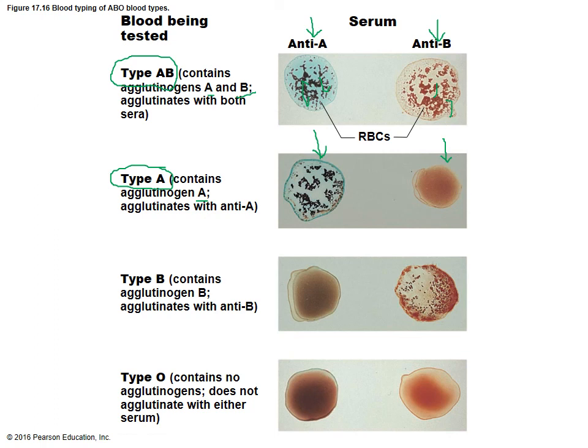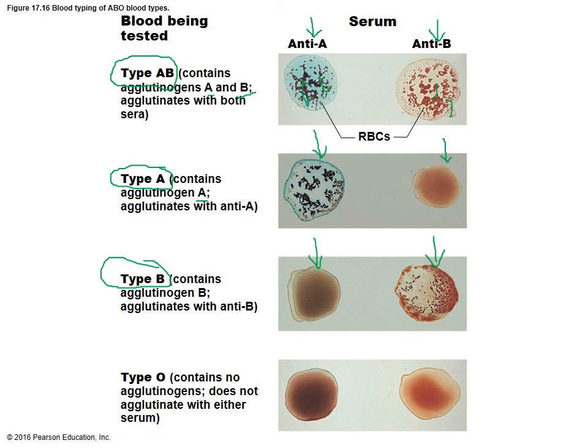It's a mismatch, which means that the blood stays nice and fluid and there's no reaction. If you're blood type B, then when antibody A is dumped on it, you have your mismatch. So that's what it looks like in your blood vessels, no reaction. And if I expose it to antibody B, then you have a perfect match between the agglutinin and the agglutinogen, so you'll get your clumping, you'll get your agglutination.